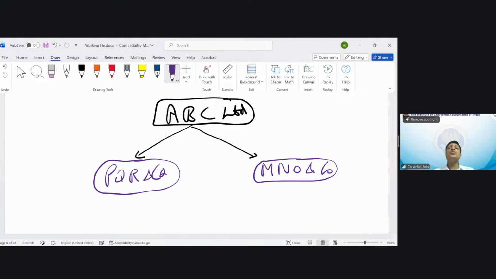We are talking about two audit firms. Now these could be the partnership firm. This could be the sole proprietorship. The way an auditor is required to be in place, the same thing will apply over here.